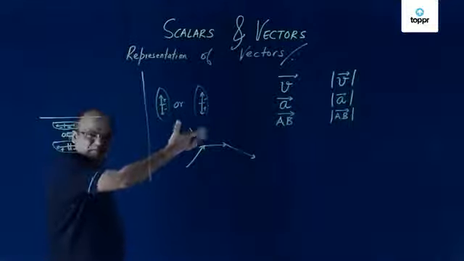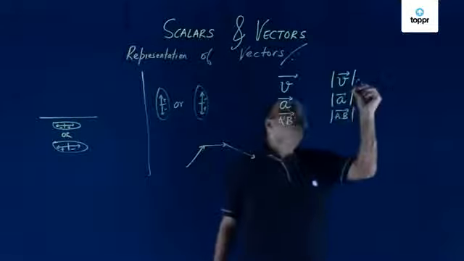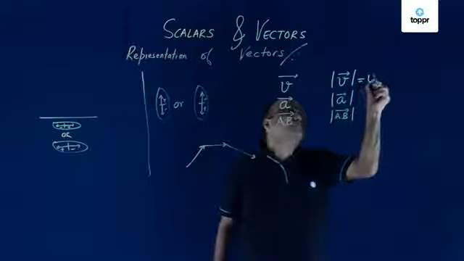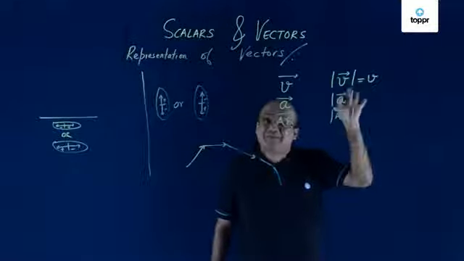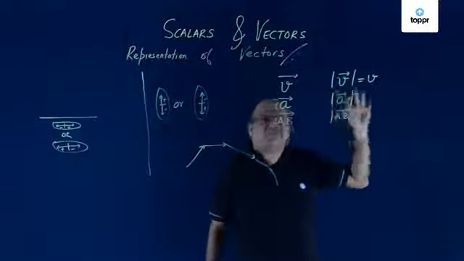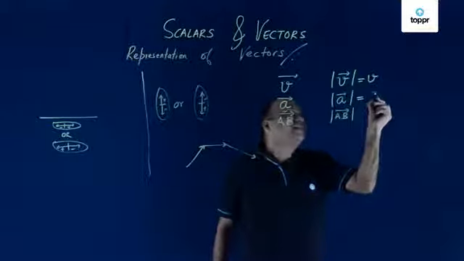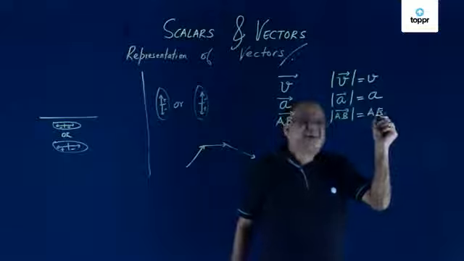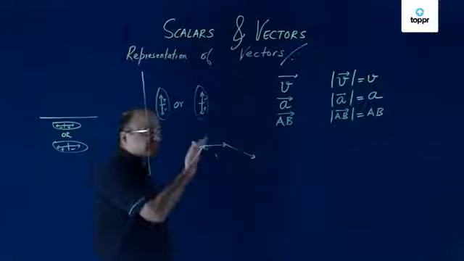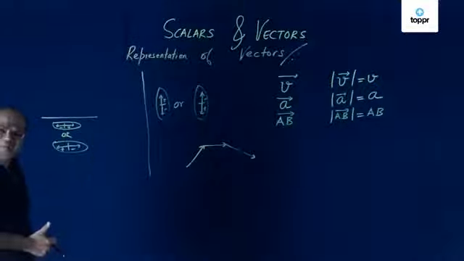Writing this may be cumbersome, so many times we just write this as V. When you know V is a vector and you just write V, it means you look at only magnitude of V vector. This we write as just A and this as AB. So this is how we are going to represent the vectors and their magnitudes, right?